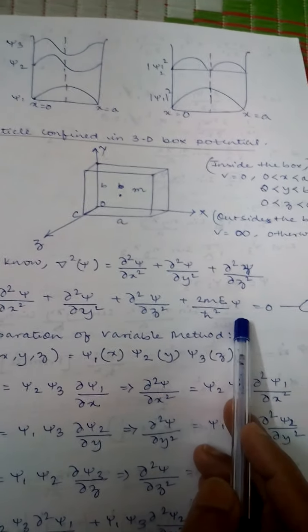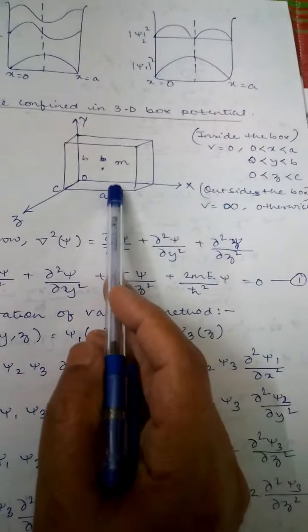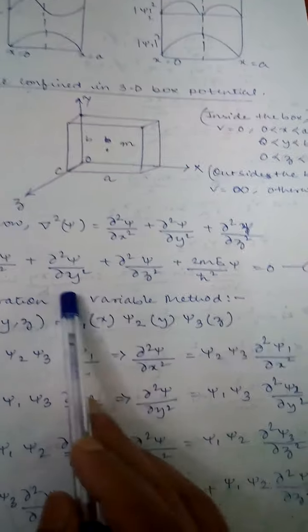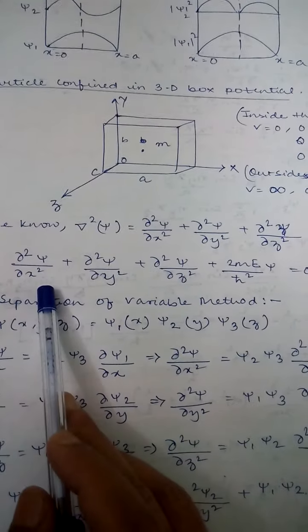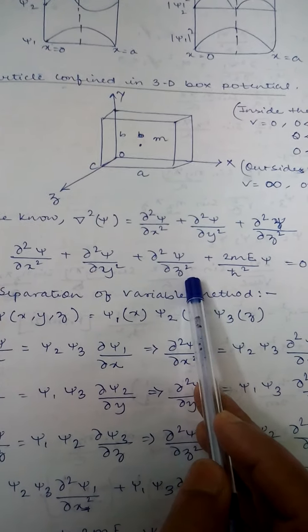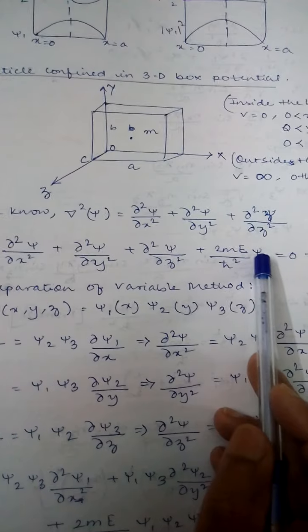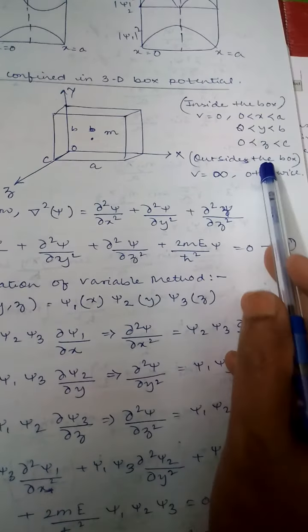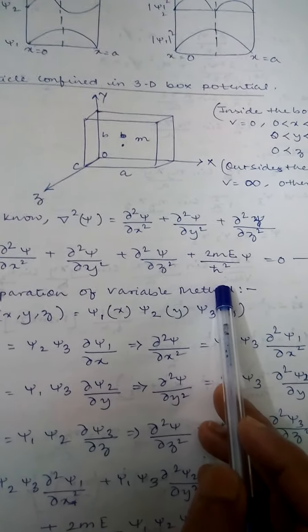This is the Schrodinger wave equation. Here V equals 0 inside the box. So putting V equals 0, we have del square psi by del x square plus del square psi by del y square plus del square psi by del z square plus 2mE by h cut square into psi, since V equals 0. Clear?